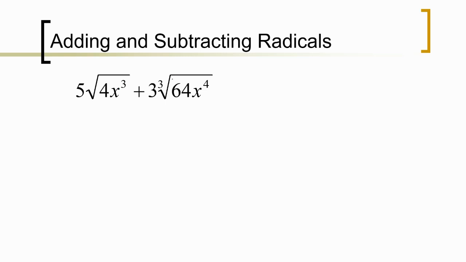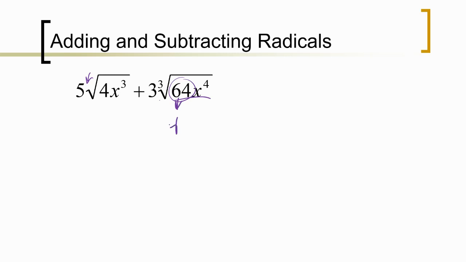And then we do another one. This one has a cube root, and this one does not. So that's a problem. But first thing we want to do is simplify, if we can, the 64. The cube root of 64, we have inside the 64 a 16 or just a 4.